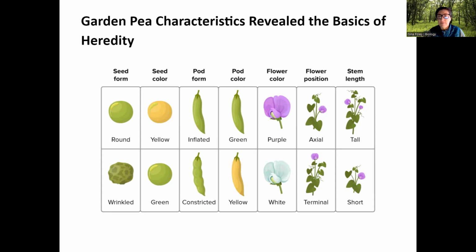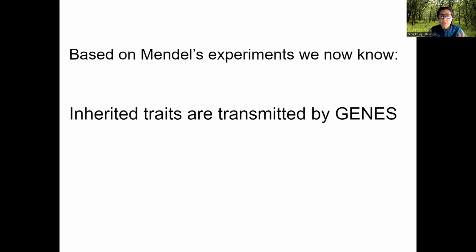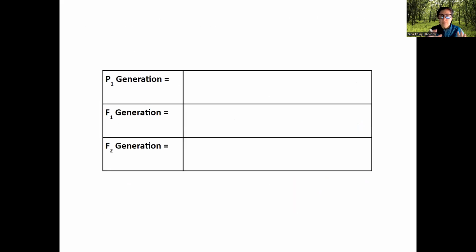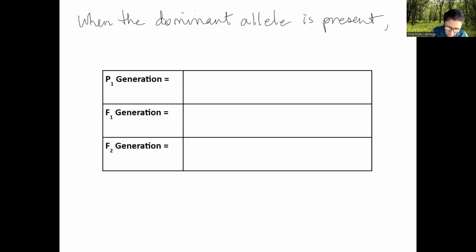So we have to remember, this is kind of important, that when we talk about Mendelian genetics, what we're saying is that when the dominant, I'm going to use this word allele, I'm going to explain it in a little while, when the dominant allele is present, the dominant trait will be expressed.